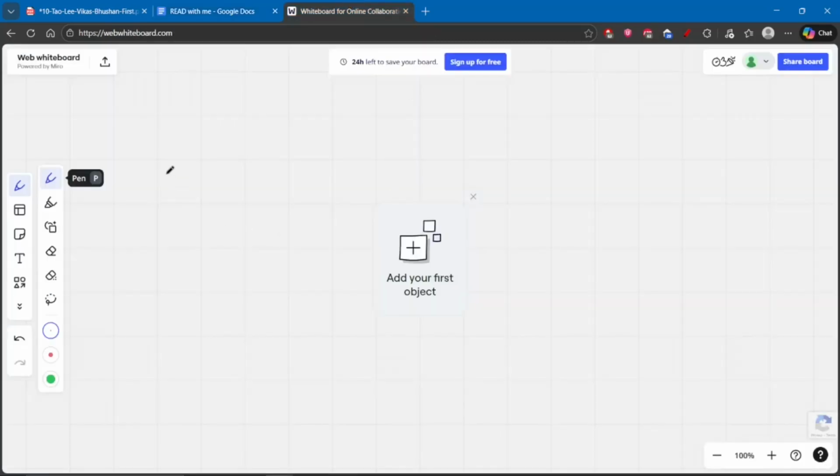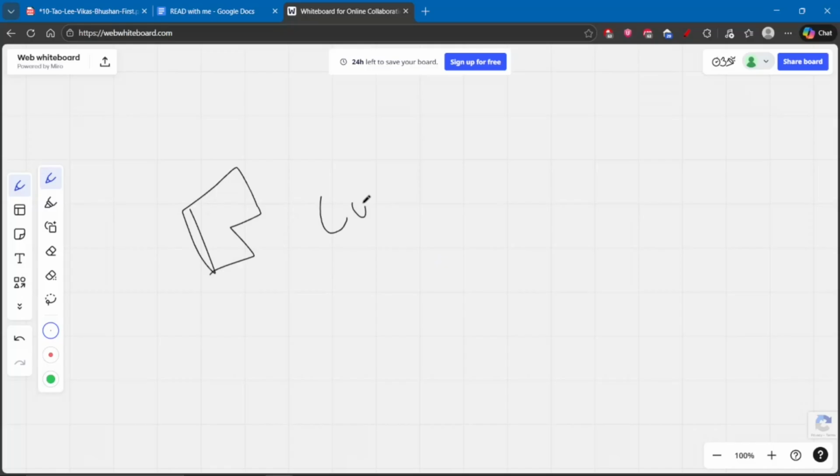So let's say, for example, this is the albumin molecule, and this is calcium. Most of the calcium is carried with albumin, right? So this is the physiological form, or basically the storage form of the calcium, if you will.